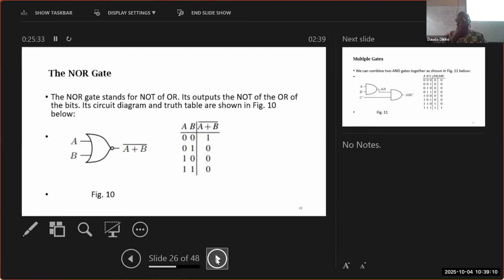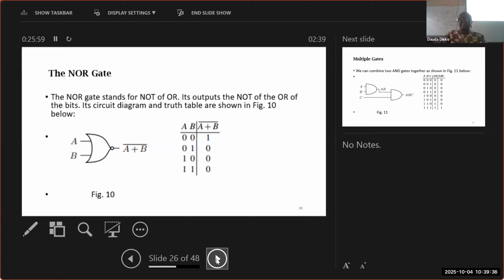Then we also have the NOR gate. The NOR gate is negating the OR gate. That is why it is called the NOR gate. Its output is 1 when both inputs are 0, 0. Then the others are 0, as shown in the truth table.